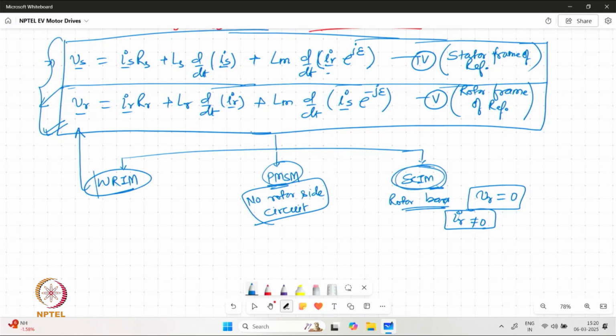Wound rotor would not be part of this course because this is more related to electric vehicles. So here we will now take the specific cases of these machines, PMSM and squirrel cage induction machine, and we will use our generalized equation to derive the dynamic equations of these machines, and then we will develop the suitable control techniques which are going to be applied to these motor drives.